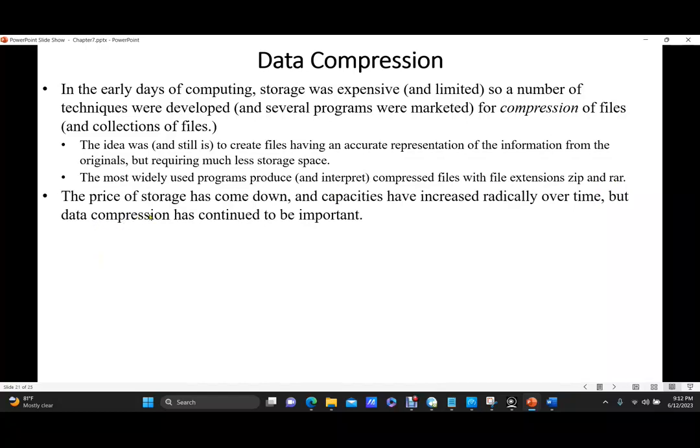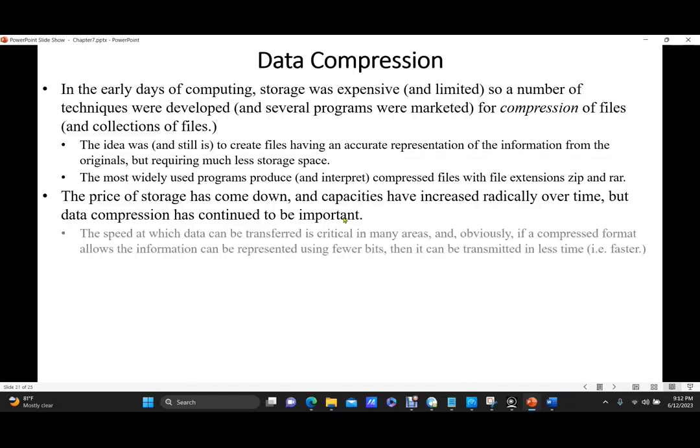Since the early days, the price of storage has come down, a major reduction. Capacities have increased radically, but data compression has continued to be extremely important.